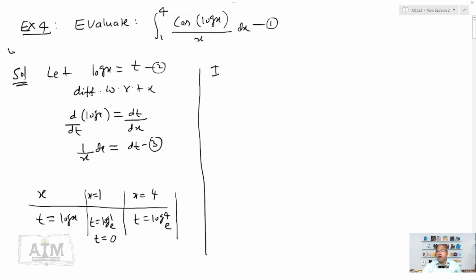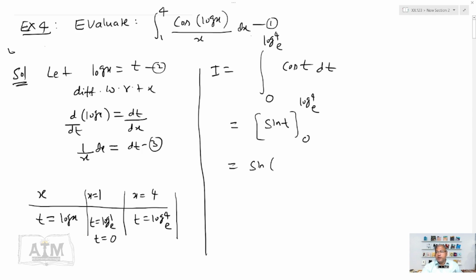Now we have I equals integration. In place of 1 and 4, we write 0 and log 4 to the base e. Here is the cos. In place of log x, write t, and 1 upon x dx equals dt. Now integration of cos t is nothing but sin t, with the lower limit and the upper limit.